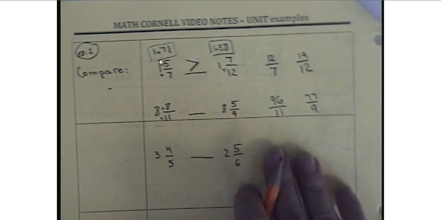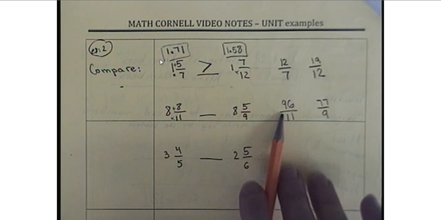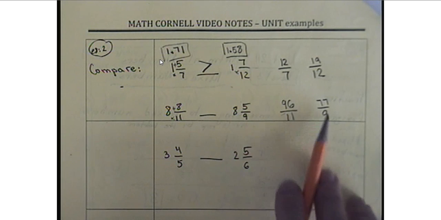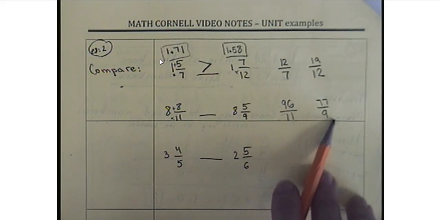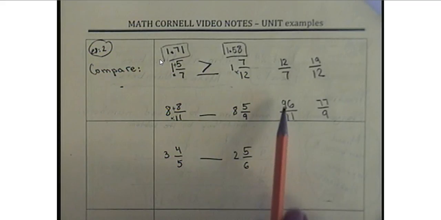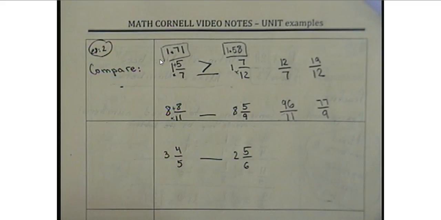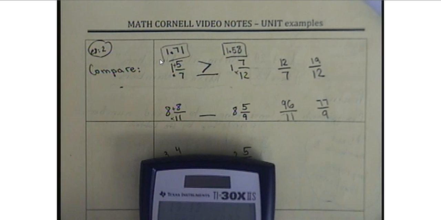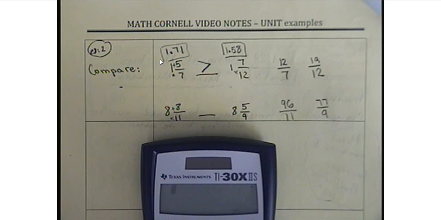So I would say if I have to compare 11 to 96 and 9 to 77, both of those are close to 0, okay? Because it's a huge gap, huge difference between those numbers. But the question is, which one is actually greater? One of those will be greater or less. So let's again divide this.